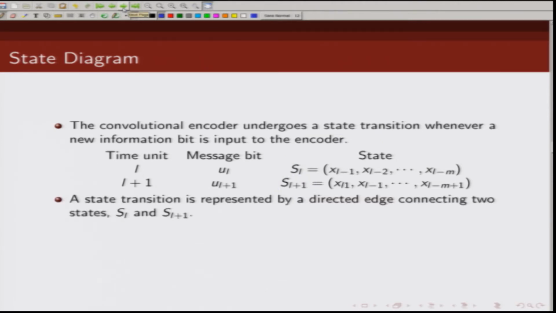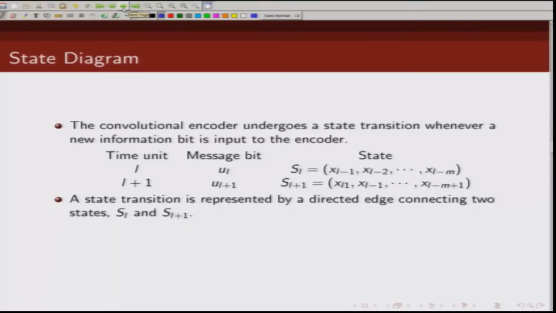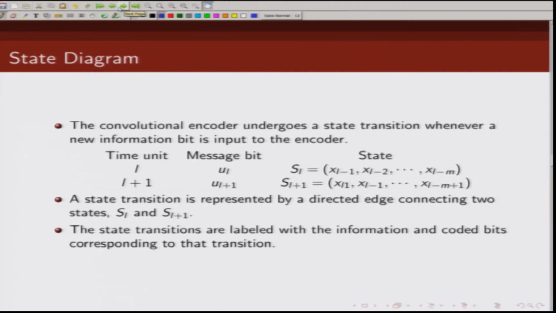These state transitions are represented in a state diagram by a directed edge. If there is a directed edge from state S L to state S L plus 1, that means from state S L you will undergo a state transition to state S L plus 1 when a particular new bit has arrived. Normally we label these state transitions with the information bit that caused that state transition and the coded bits corresponding to it.